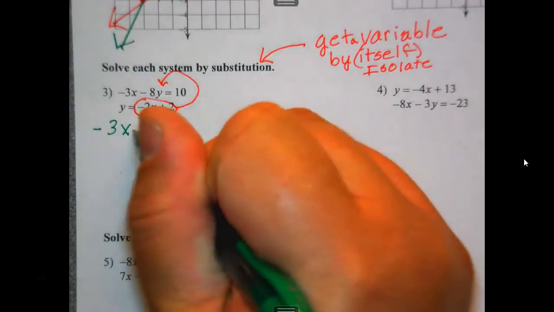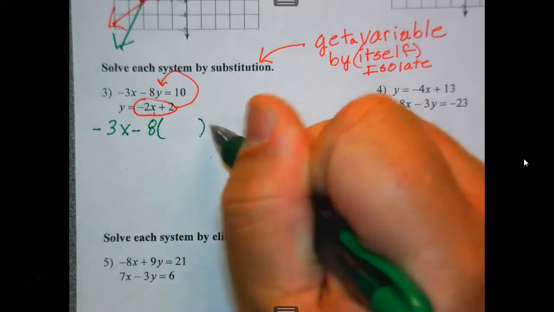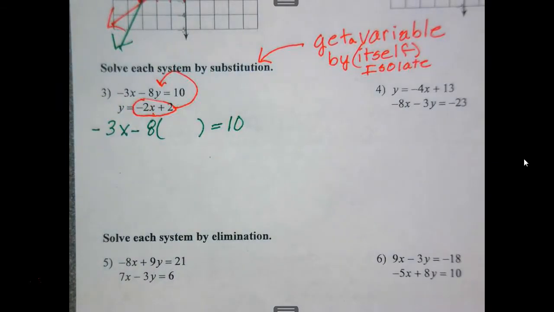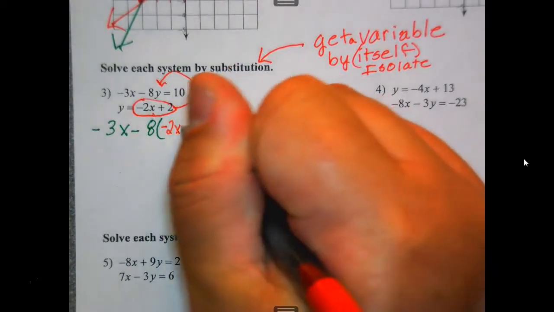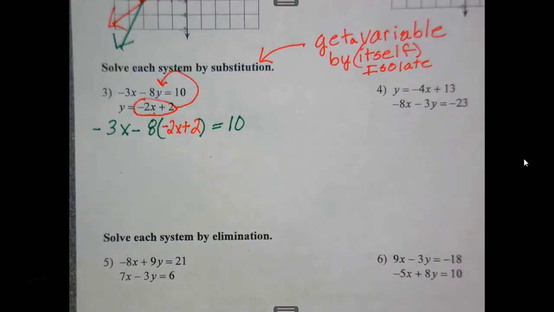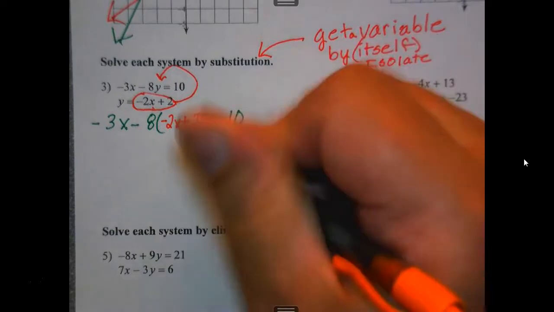-3x minus 8, here's my y, equals 10. And what does my y equal? That's right, negative 2x plus 2. Now all I have to do is what? Solve for x.